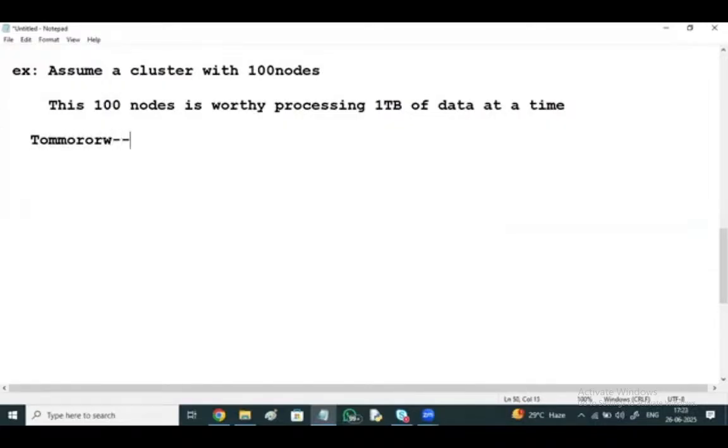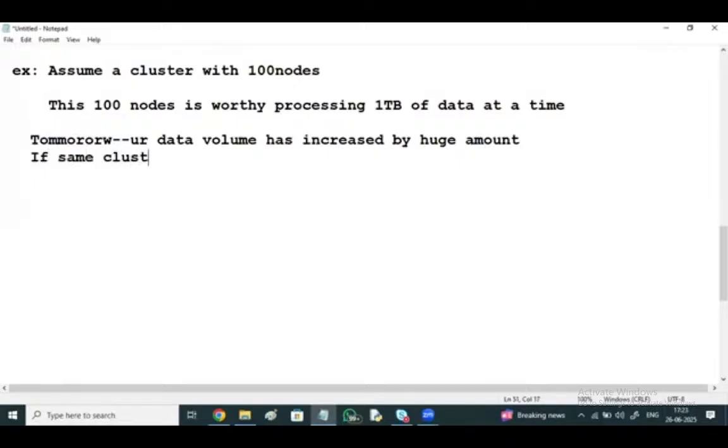Tomorrow, your data volume has increased by a huge amount. If the same cluster is used, speed goes down.